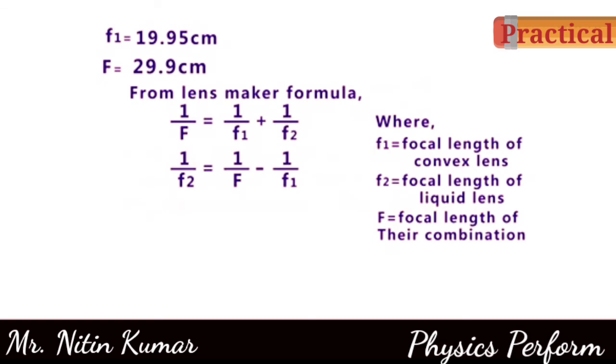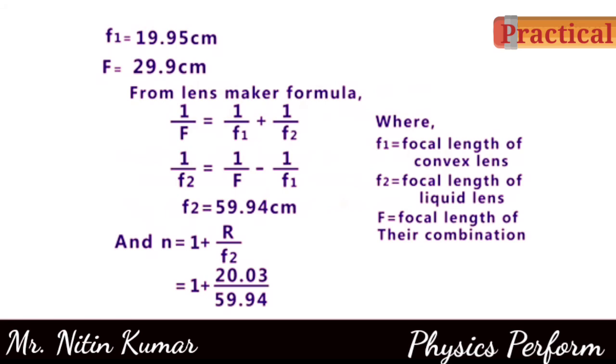Substituting these values of f and f1, f2 is equal to 59.94 centimeters and n is equal to 1 plus 20.03 divided by 59.94. Therefore, refractive index of liquid n is equal to 1.334.